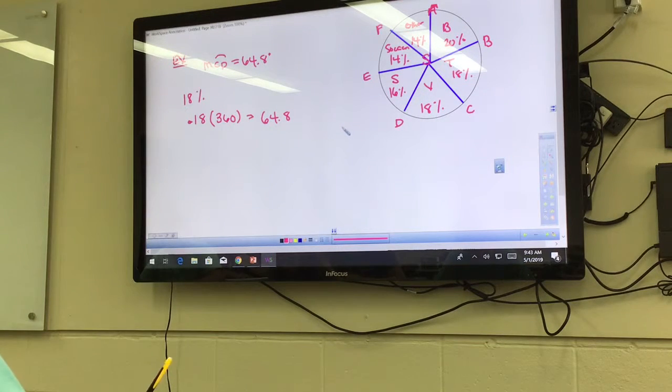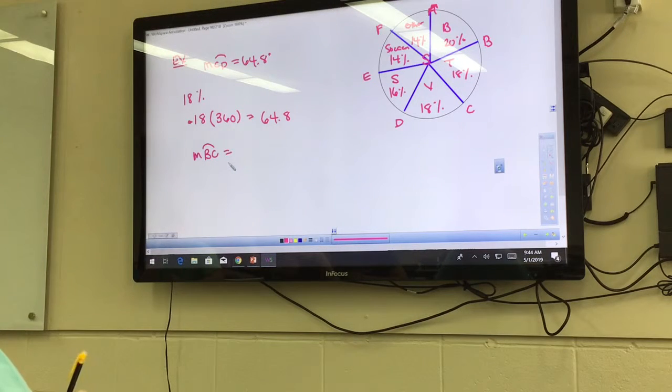Okay, what about the arc BC? The measure of arc BC. What is the percent of girls that are involved in track and field? 18. So do we have to even rework that? No, we've already found one arc that had 18% of the whole circle, so we just know that arc BC is going to be 64.8.